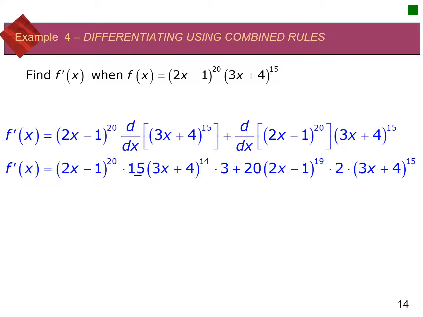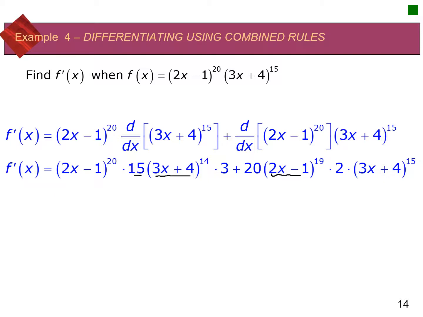And then I do the derivative of what's inside here and get the times 3. And then I do the same thing when I do the derivative of 2x minus 1 to the 20th power. When I start doing the second part, I'm going to move the 20 down and get 20 times 2x minus 1 to the 19th power. And then I'm going to do the derivative of what's inside. The derivative of that's just going to be 2, so times 2, and then times the second function.